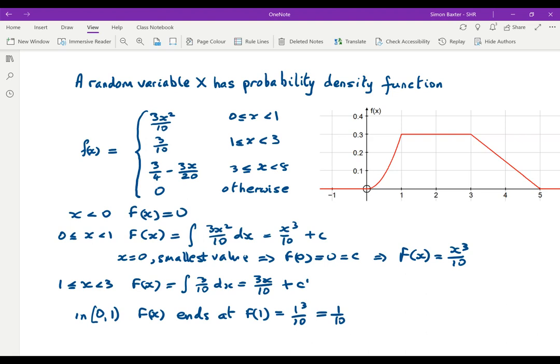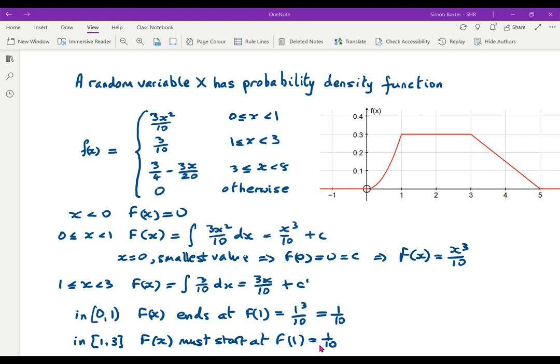Well, if that's where that interval ends, in the next interval, 1 to 3, F of x must start at F of 1 equals 1 over 10. Where my cumulative probability finishes in the first interval, it must start at the same point in the next one.